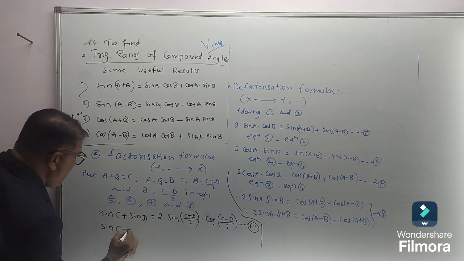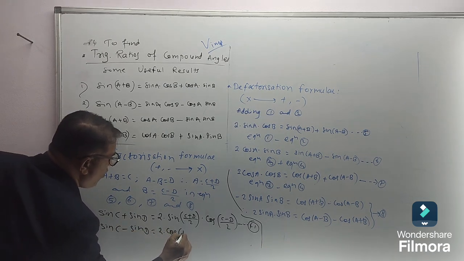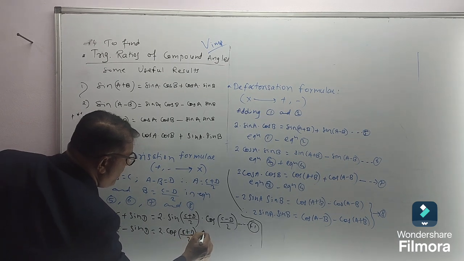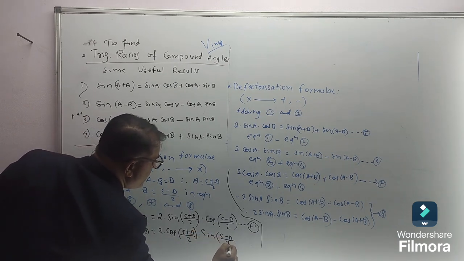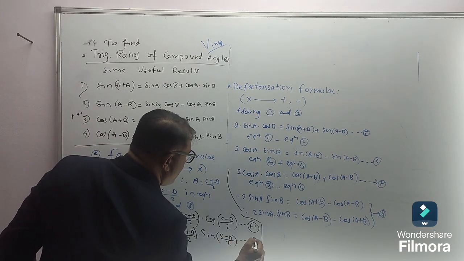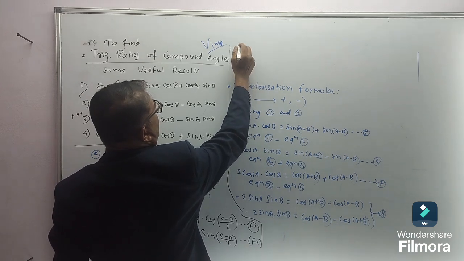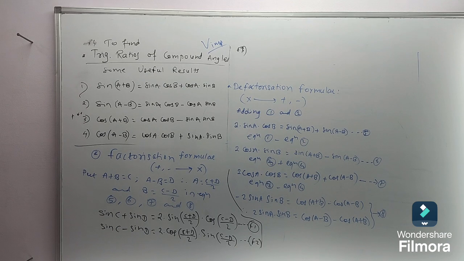Sin C minus sin D is equal to 2 cos C plus D by 2 into sin C minus D by 2. I am telling it F2 and F3.